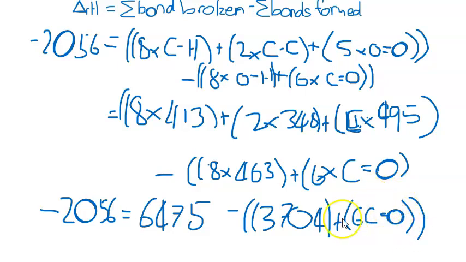So we don't know the value there. Now we just need to use some algebra to rearrange this equation and work out the value of that bond. First of all, we can put this value onto the other side. We minus 6,475 from each side. So that's going to equal negative 2,056 minus 6,475, which is negative 8,531.